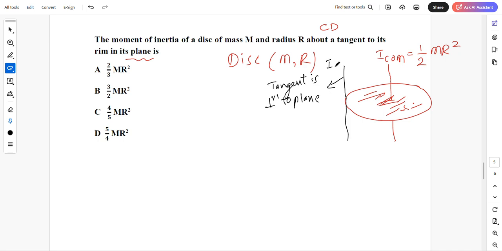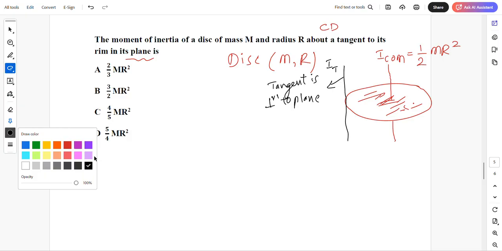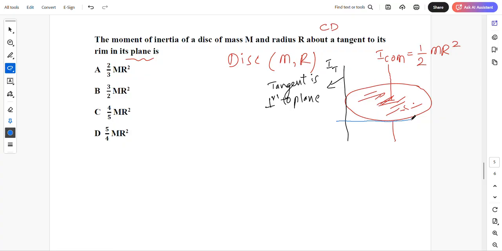That is what we call IT. What about this one? This is IT dash.